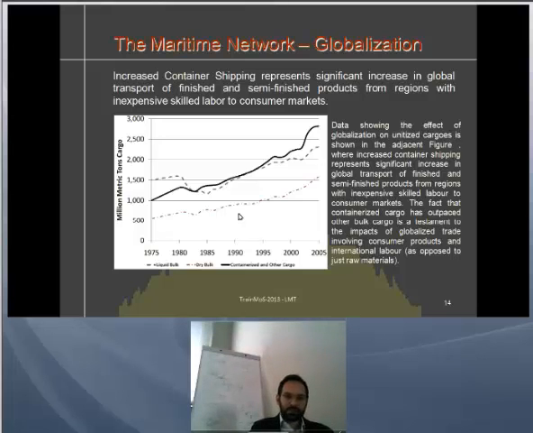So container shipping represents a significant increase in global transport of finished and semi-finished products, of course from regions with inexpensive skilled labor to consumer markets. This means that through container shipping we're shipping consumer goods, for example, let's say PCs or AC units and electrical units that we use every day.